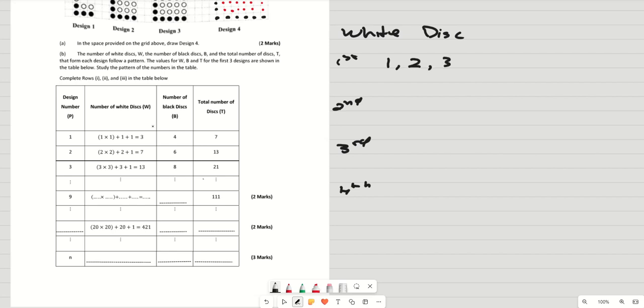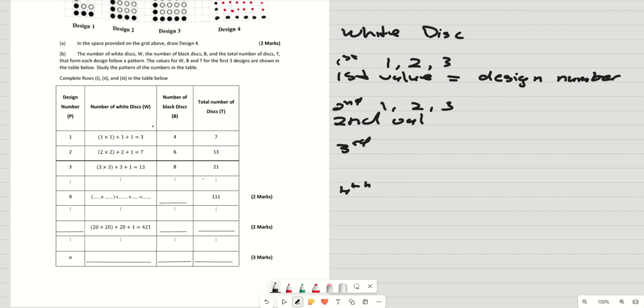And we can see, if we compare it with the design number, that your first value is equal to the design number. The second one is the same thing, 1 2 3. Again, your second value is your design number.